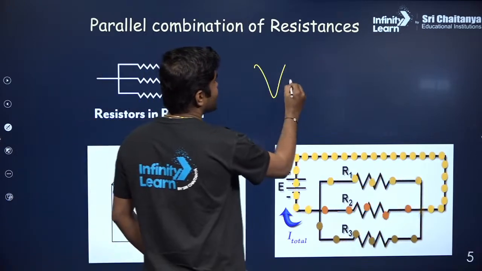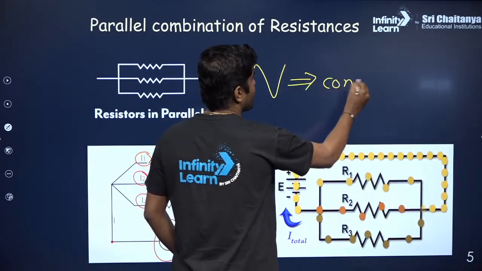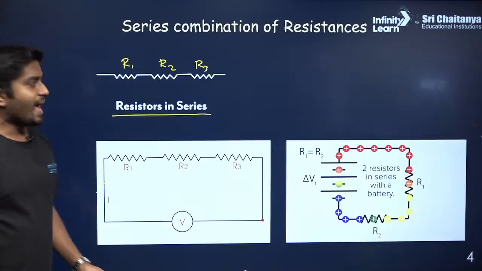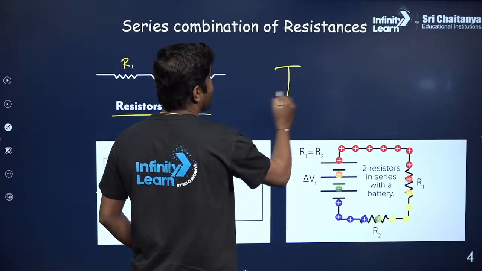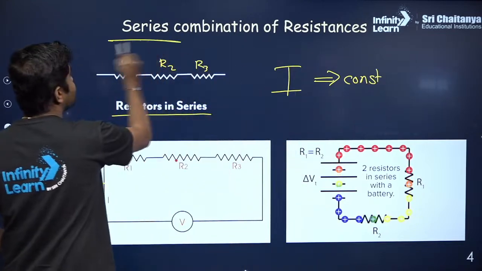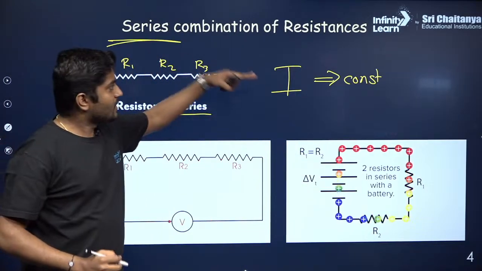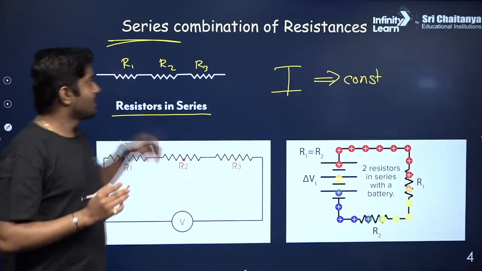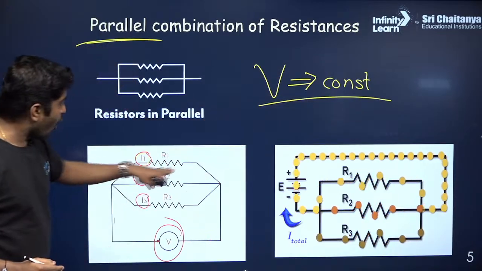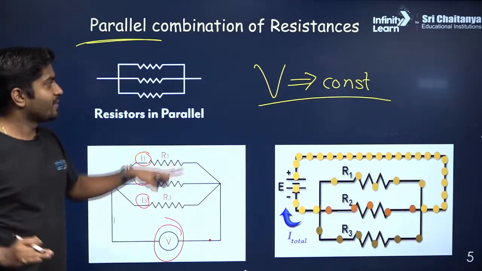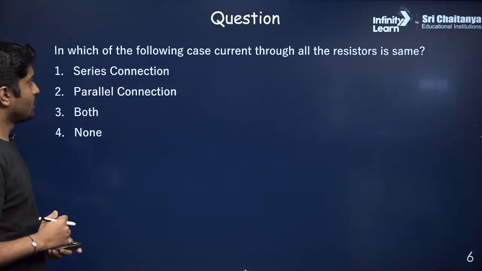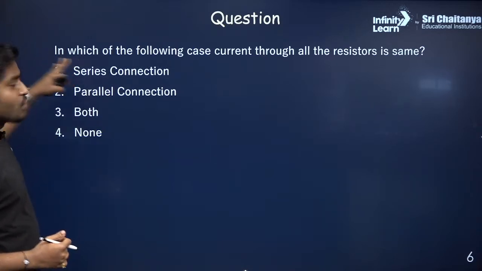If voltage is constant, that means they are in parallel. And if the current passing through them is constant, then they are in series. Just remember these two. If there is the same potential difference between all three of them, that means they are arranged in parallel. Okay, so now, solve this question.